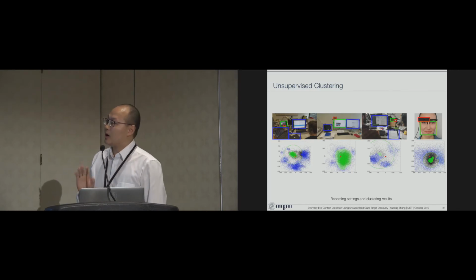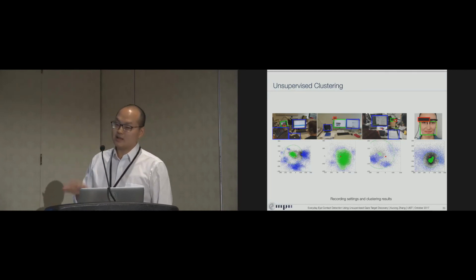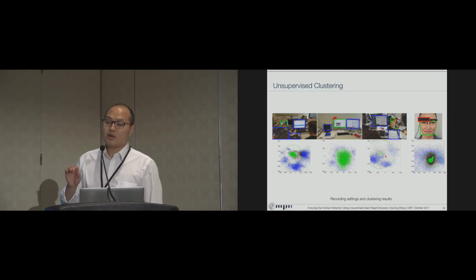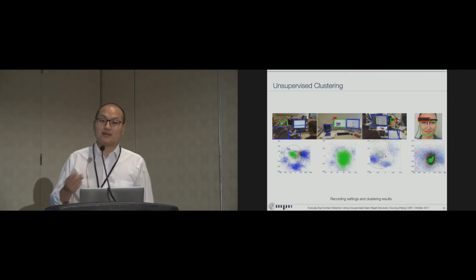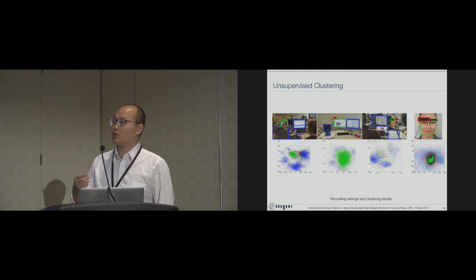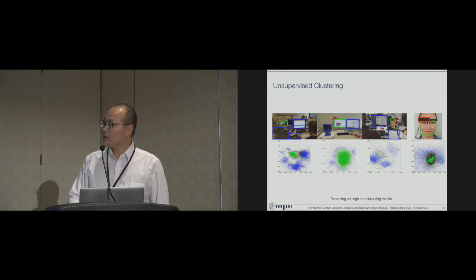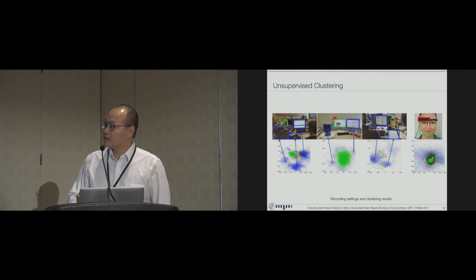The second row is the clustering results, where the green dots are positive and the blue dots are negative. For those samples, I don't have the ground truth, but we compared those with the ground truth in a test set, and we found that they are quite correct. They picked the correct cluster. And you can even see from this clustering that they correspond to different attractive objects.